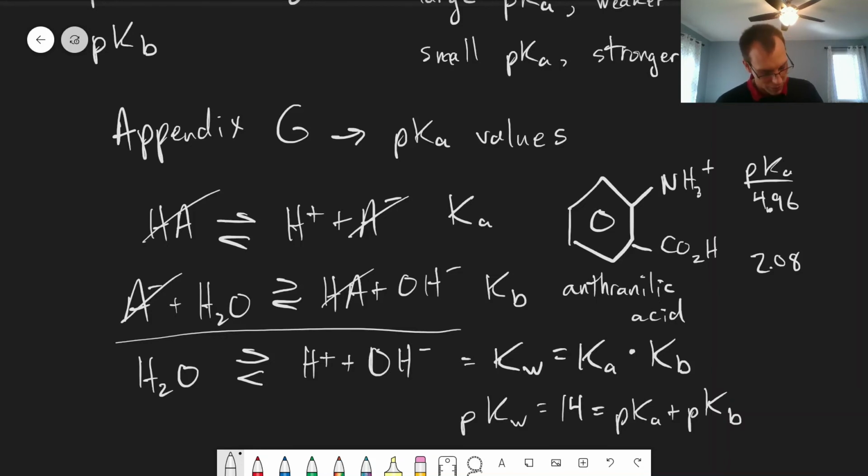For example, this one will say CO2H or NH3 here. That's the way, at least in your textbook, it shows these. It's always the fully protonated form, and it'll specify which proton is being lost for a specific pKa value that's listed. And then if we need the base, we use this relationship that we've just gone over to convert between Ka and Kb.